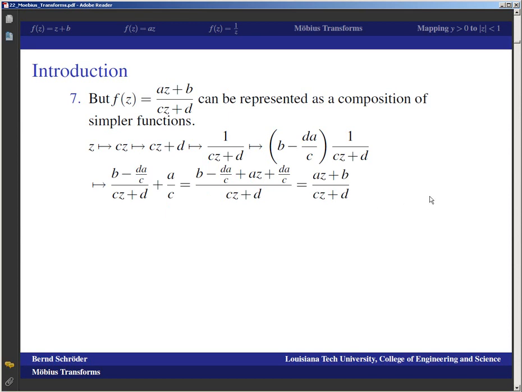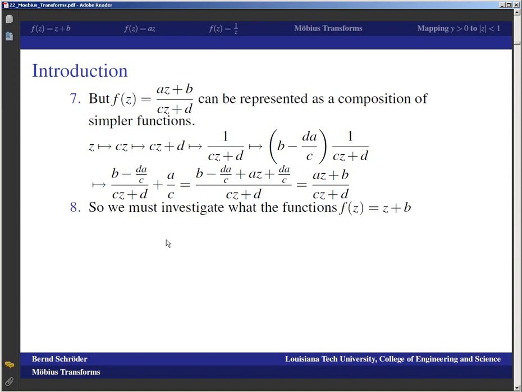Especially in this part of the course, this approach of taking a function and breaking it down into a composition of functions that we have a chance to analyze is very, very common, and so as we go through this, you will develop quite an eye for these kinds of decompositions.